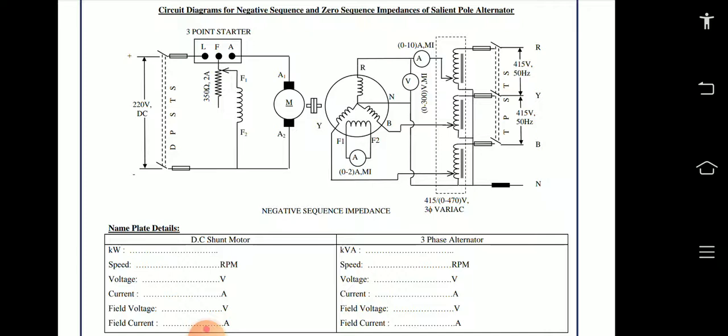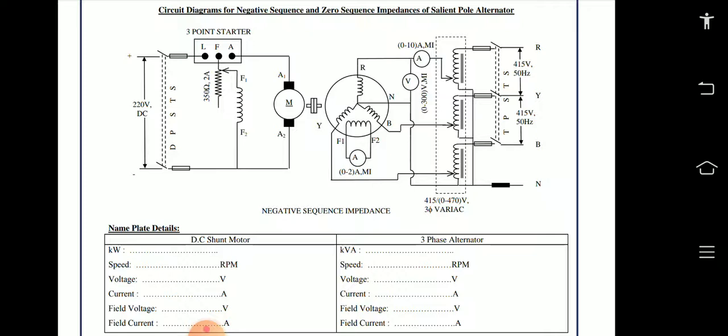Then the zero sequence currents produce a flux in each phase, but the combined armature reaction at the air gap is zero.